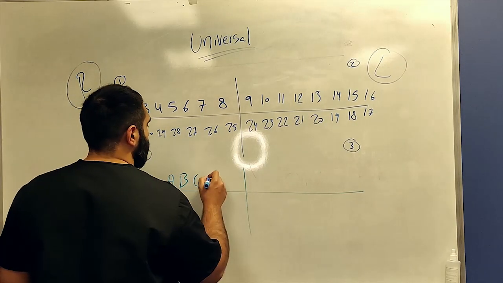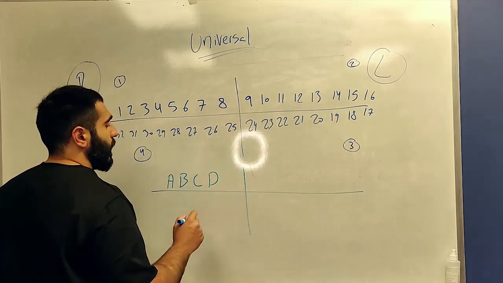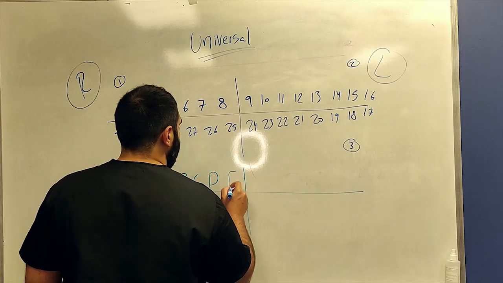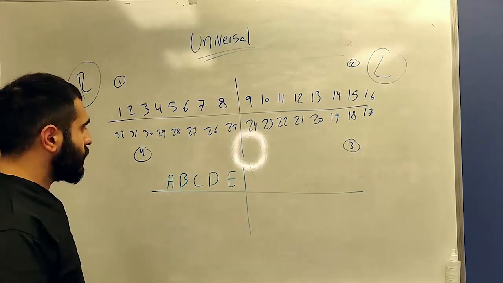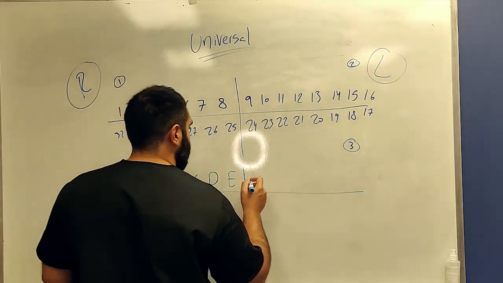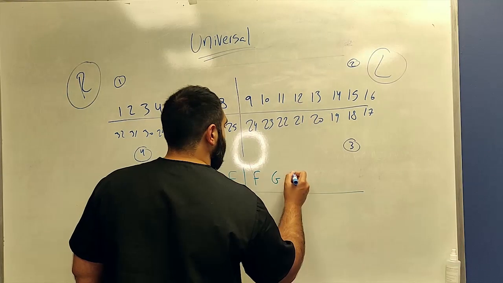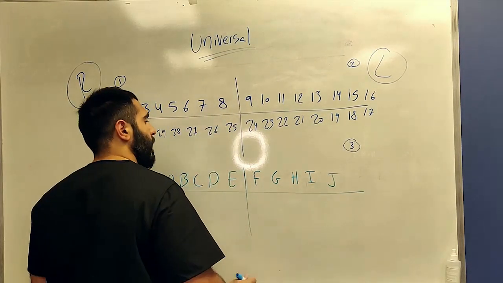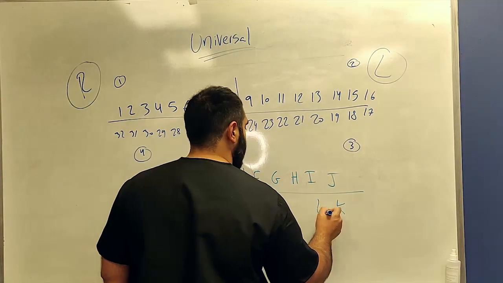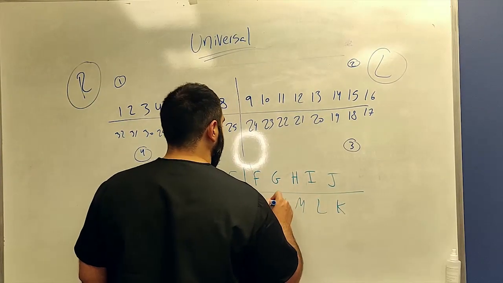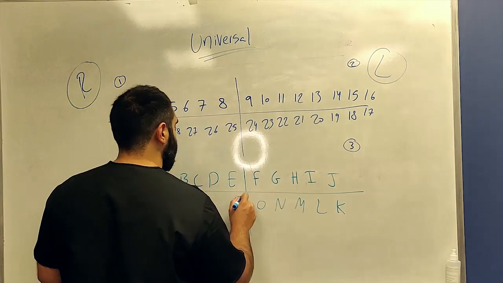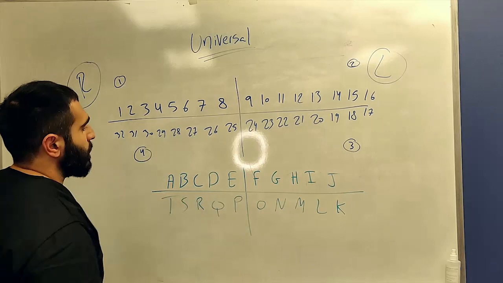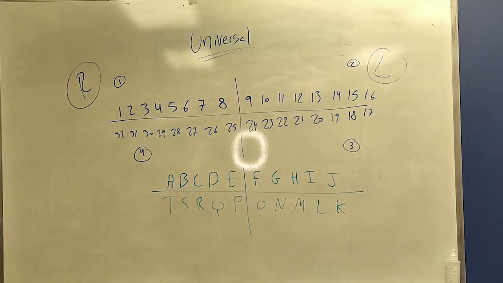So D being your lateral incisor, E being your central incisor, and then it goes on. F, G, H, I, J, and then K, L, M, N, O, P, Q, R, S, T. This is how the primary dentition would look.